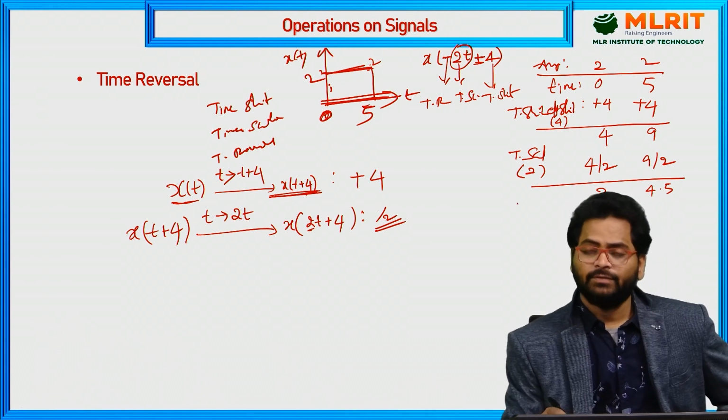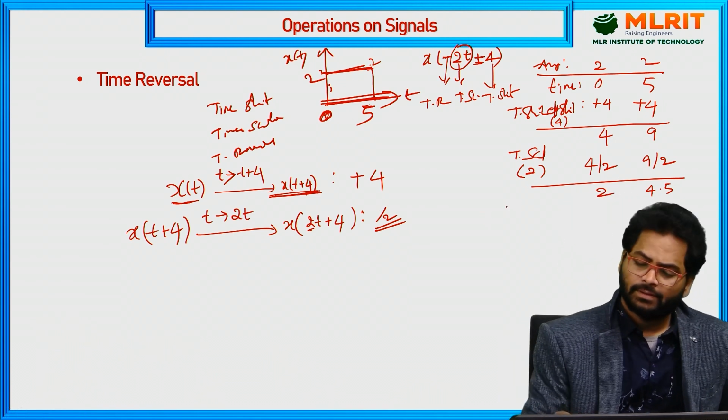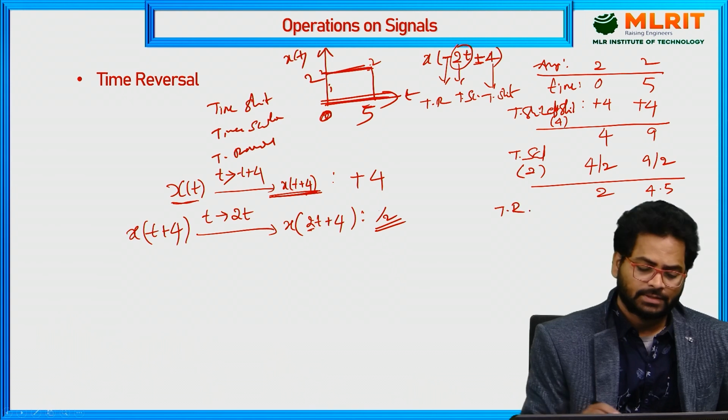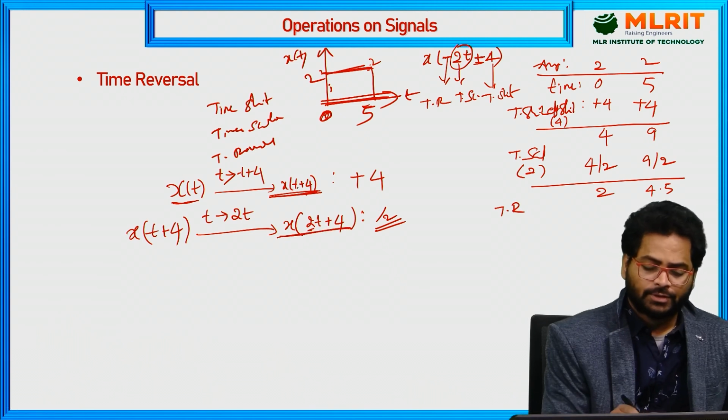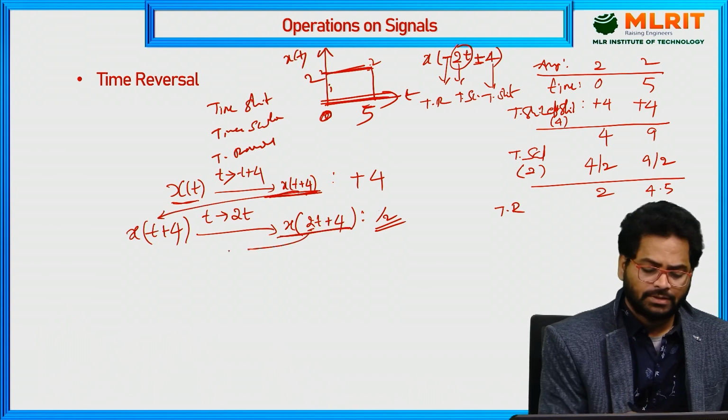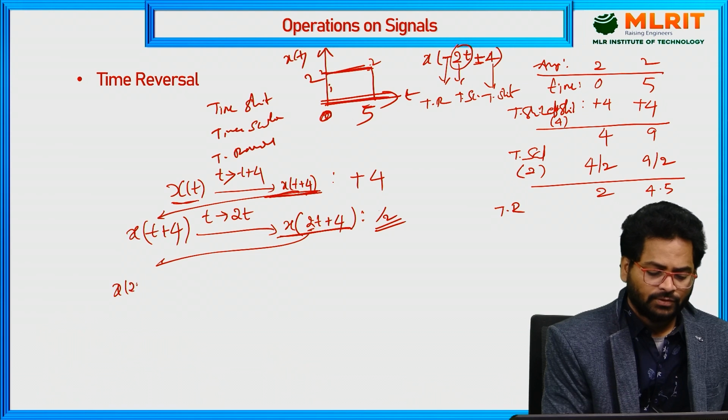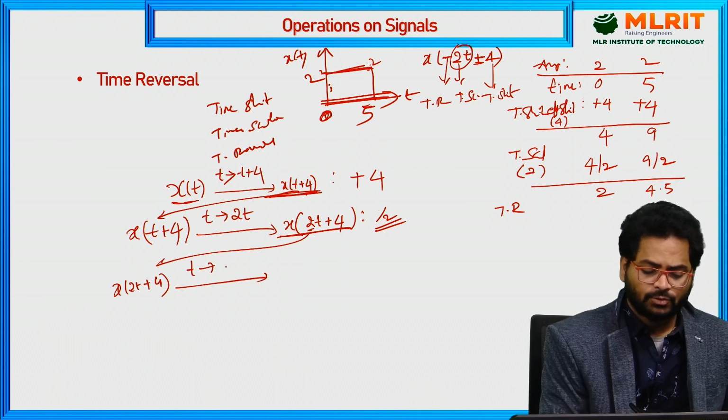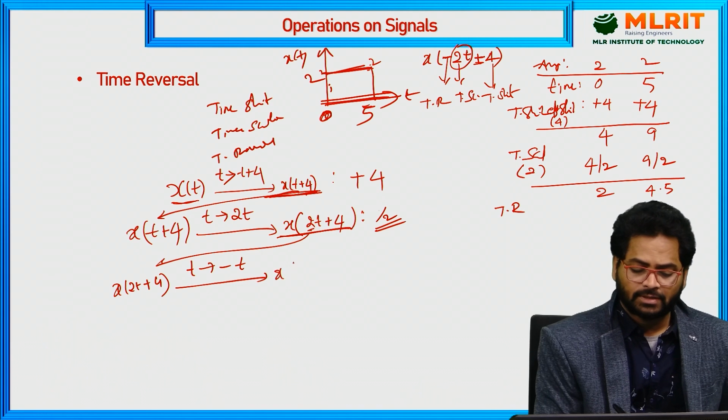Next, we'll have the time reversal. Take this as the input: x of 2t plus 4, where t tends to minus t. That means x of minus 2t plus 4.